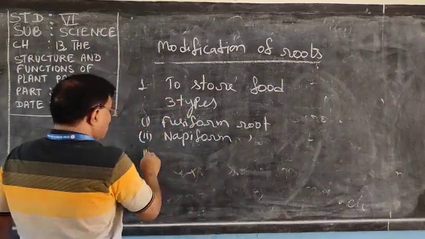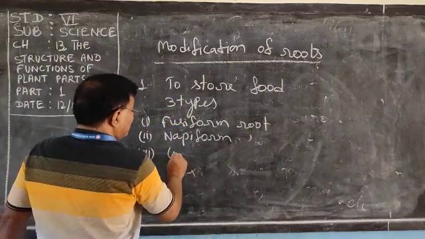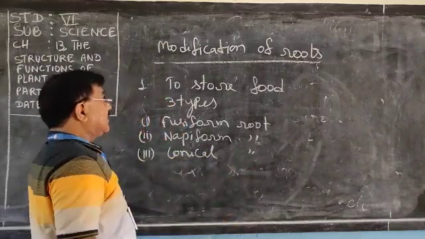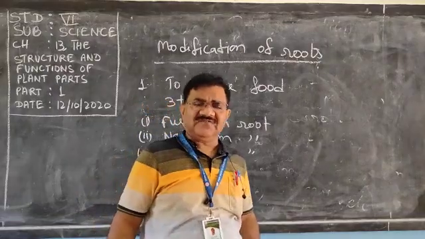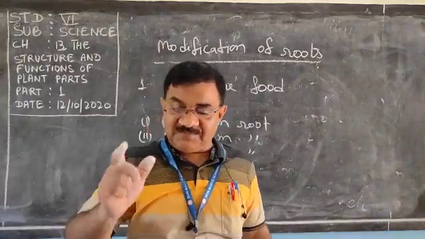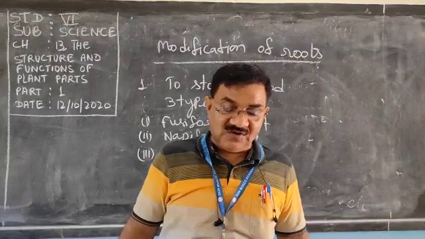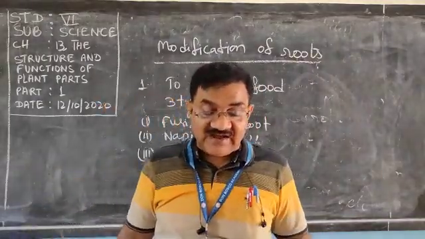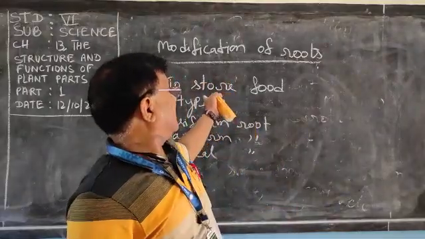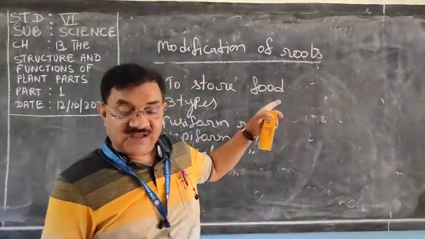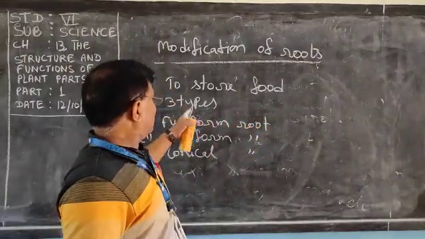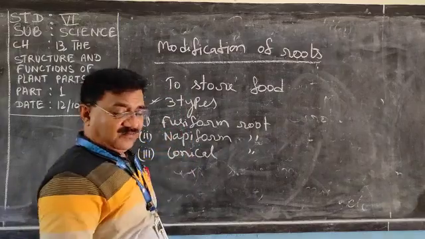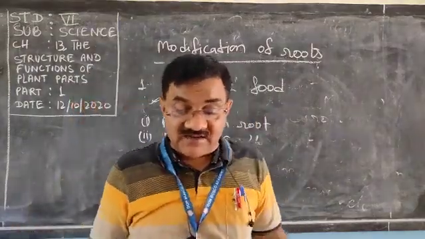And third is conical. Modification of root means the structure is changed for a special function, and the first function is to store food, which has three types: fusiform, napiform, and conical.